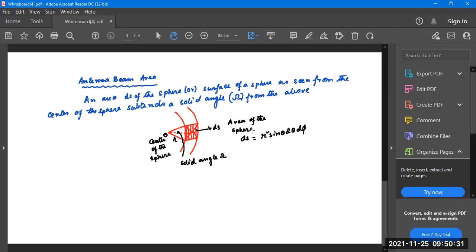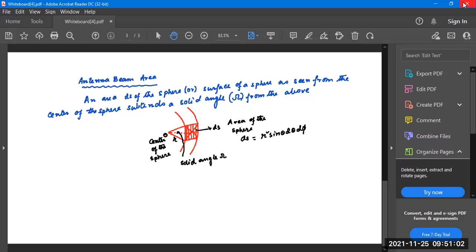What did we say about directivity? Directivity is defined as the ratio of the maximum radiation intensity of the subject antenna to the radiation intensity of an isotropic reference antenna radiating the same total power. That is called the directivity. I think everybody has knowledge of the directivity.